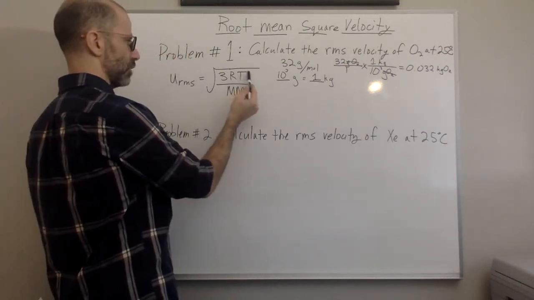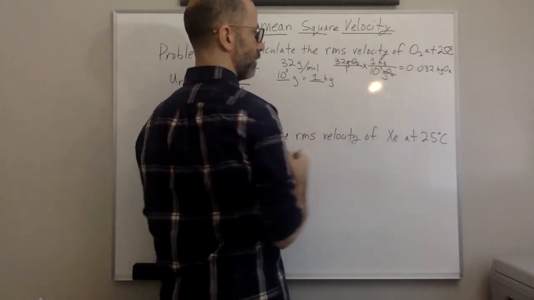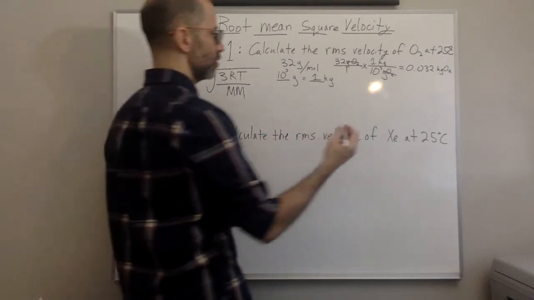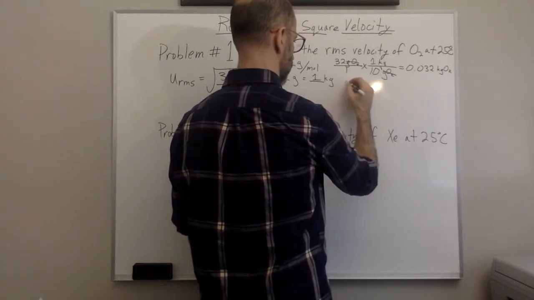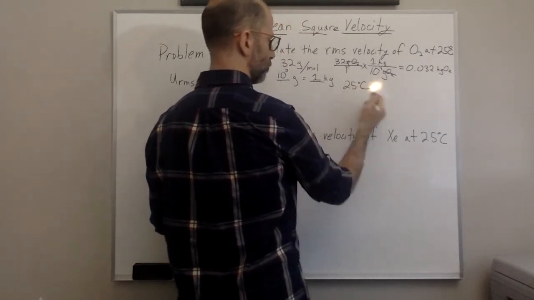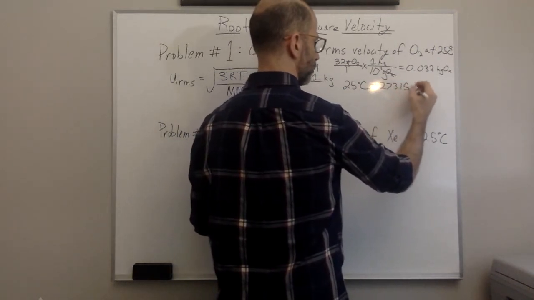So now I have the molar mass in kilograms. The next thing I need to do is make sure the temperature is in Kelvin. So we'll do 25 degrees Celsius, sorry, I said Kelvin before, plus 273.15.